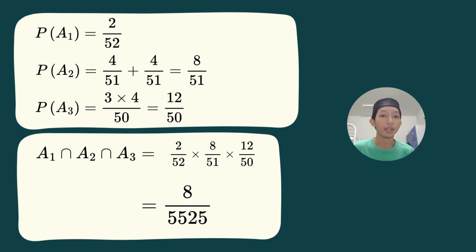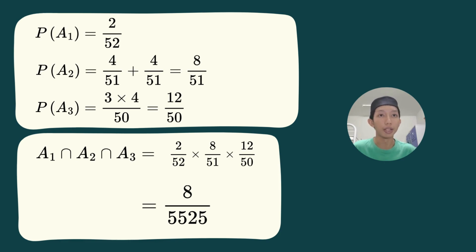Once we have drawn a red ace, there are now 51 cards remaining in the deck. The number of favorable outcomes for event A2 is still 8, which is 4 tens and 4 jacks. Therefore, the probability of drawing a 10 or a jack after drawing a red ace is 8 over 51.